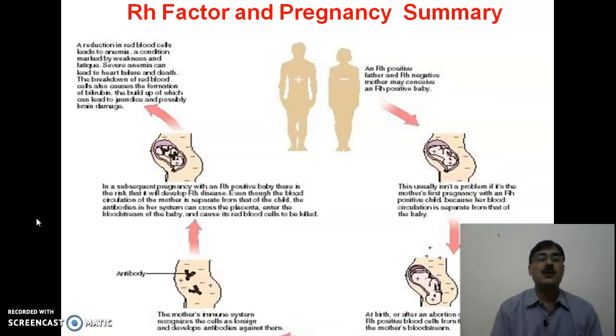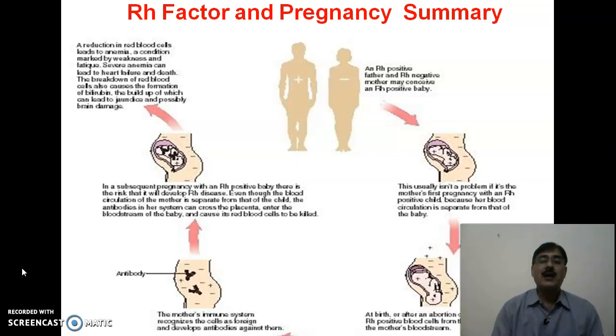Now this is the summary of what we have studied about the Rh factor. So continuing the summary, the Rh positive father and Rh negative mother may conceive an Rh positive baby, and in the first case there is no problem. The problem arises after the birth of the first child, because now the mother's body has just received the Rh antigen, and the mother's body starts producing antibodies against the Rh antigen.